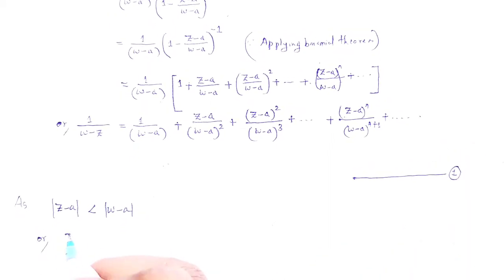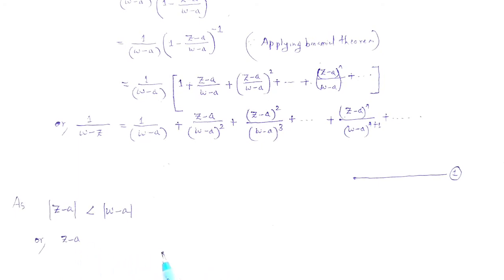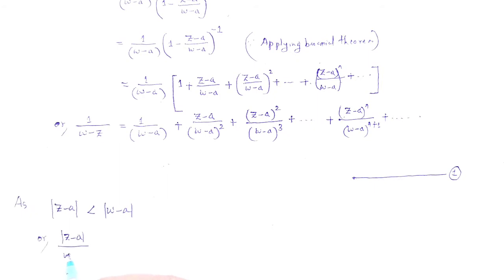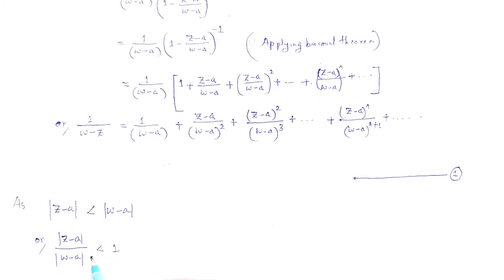So the magnitude of Z minus A divided by the magnitude of W minus A is less than 1.